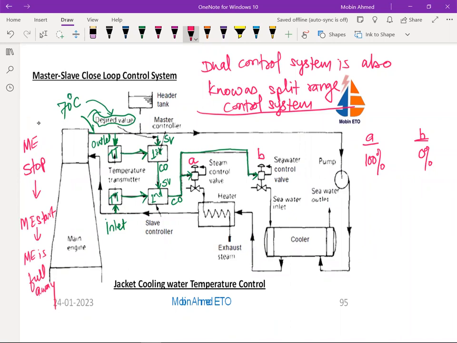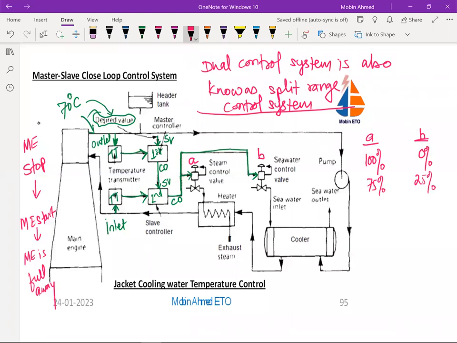When the main engine starts, that time the temperature of the jacket cooling is going to increase. We do not require heating just after we have started the main engine. That means now the temperature is here, A valve is going to be open 75%, whereas this is going to open 25%.